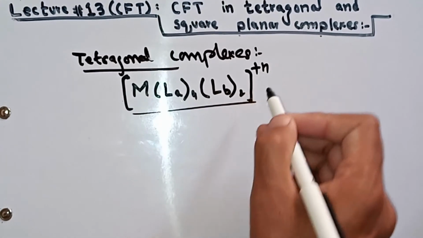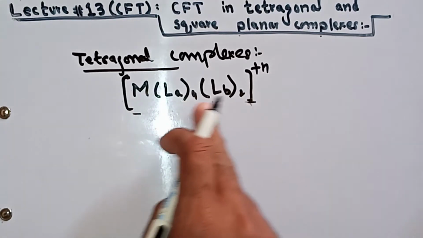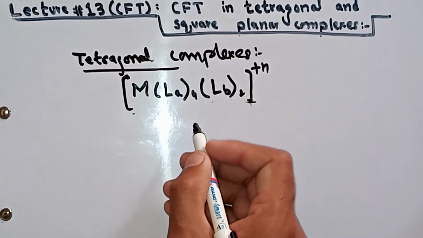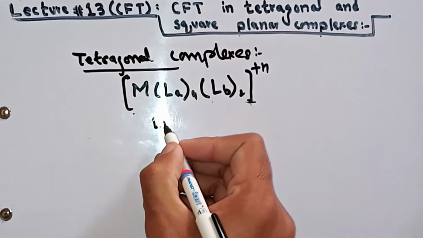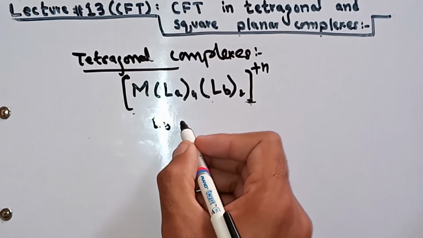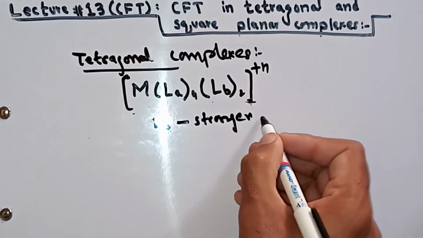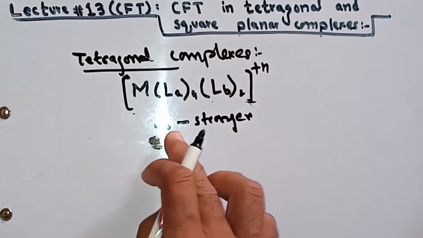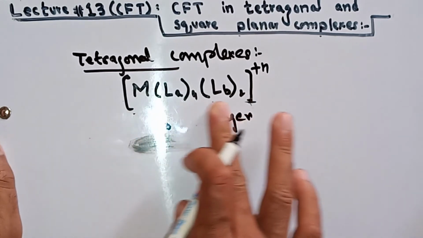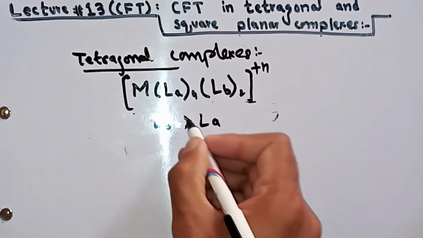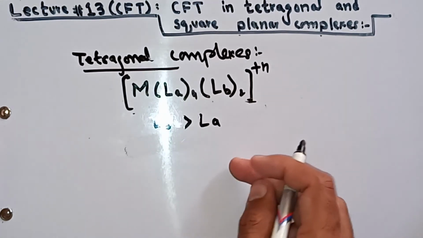So how will a tetragonal complex be formed? If the Lb ligand is stronger than the La ligand, then what will happen?